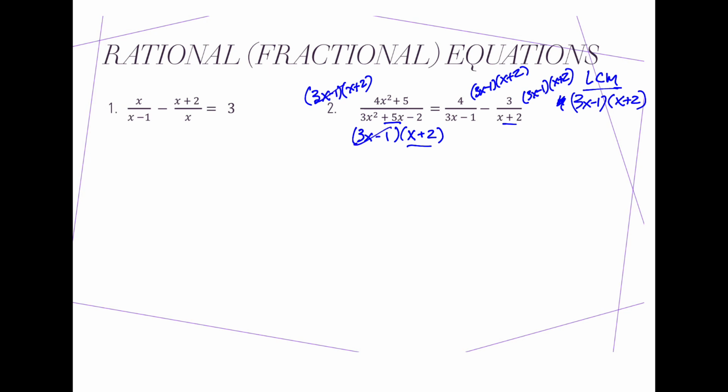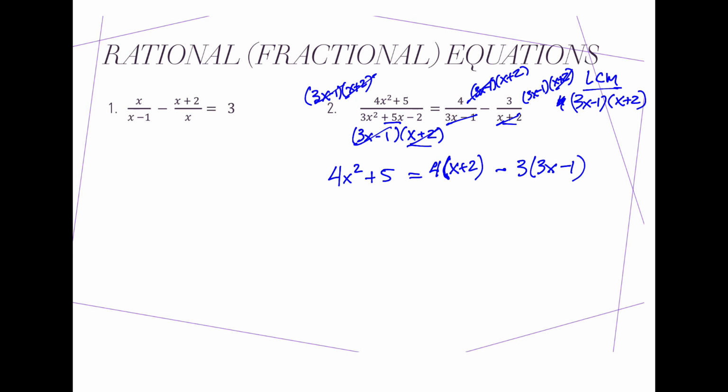For this one here, it ends up canceling out both, and I'm simply left with the numerator, 4x squared plus 5. For the second one, the 3x minus 1 cancels, but I'm left with the other one, so I have 4 times what's left, x plus 2. But my denominator's gone. And here the x plus 2 is going to go away, and I'm just left with 3 and 3x minus 1.